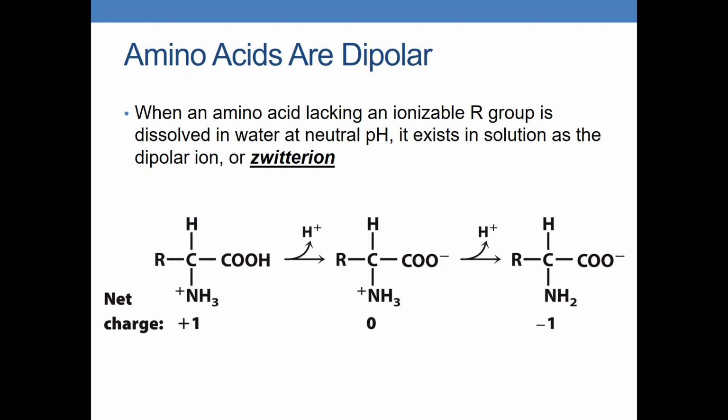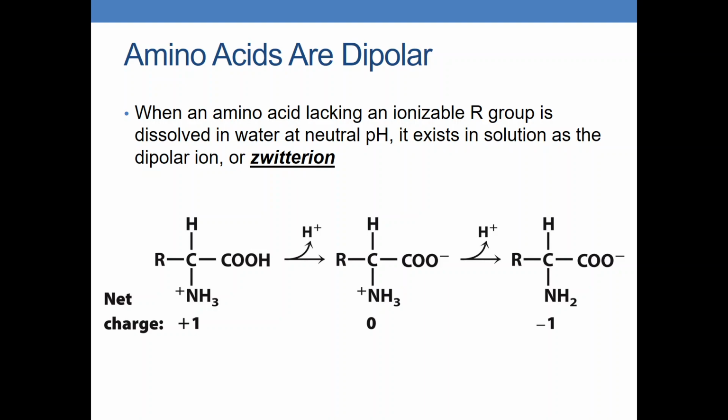When we look at amino acids and we start talking about ionization properties, usually what we're going to do is draw out the fully protonated form, which is what you see here on the far left-hand side. Here your carboxylic acid is fully protonated. Your primary amine is also fully protonated. What I want you to understand is that the fully protonated form of these two functional groups gives a different charge.